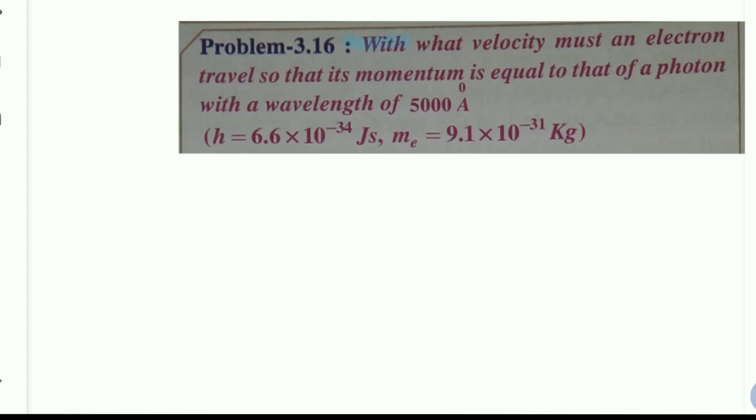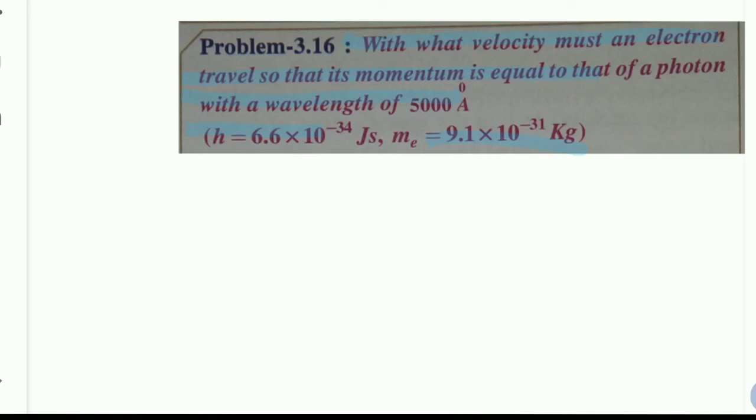With what velocity must an electron travel so that its momentum is equal to that of a photon with wavelength of 5000 angstrom? Here the h value and the m e value are given.